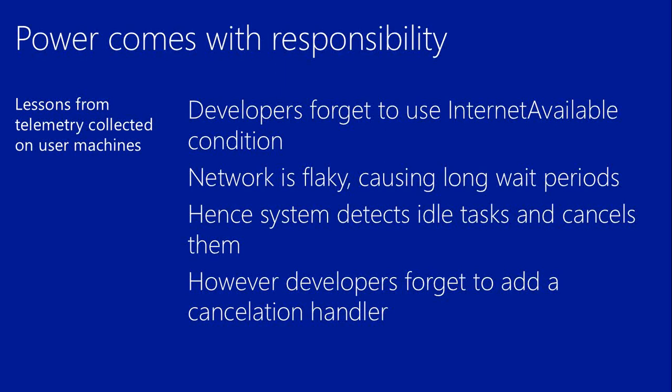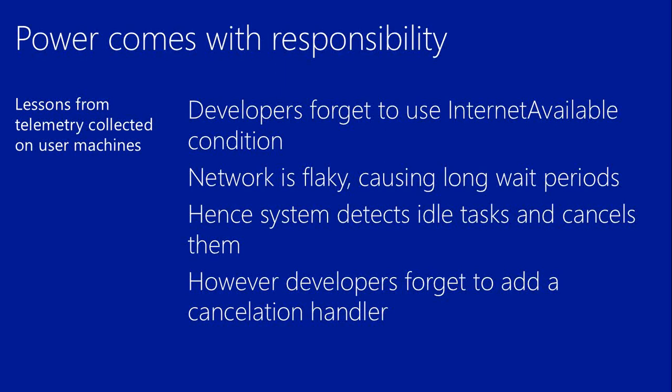Hence, in the system, we have something called idle task detection. If the background task is idly waiting with no proper output because developers forgot to use internet available or some other condition, we try to cancel it, and your app catches the cancel event handler and then properly unwinds from your background task.